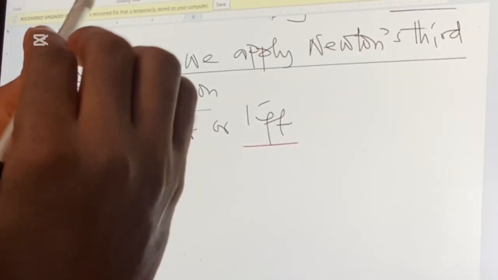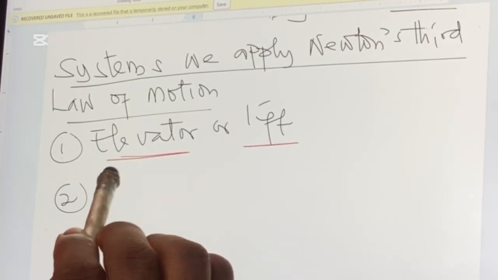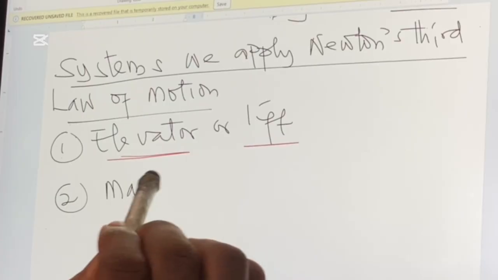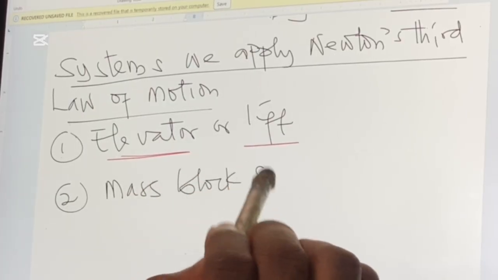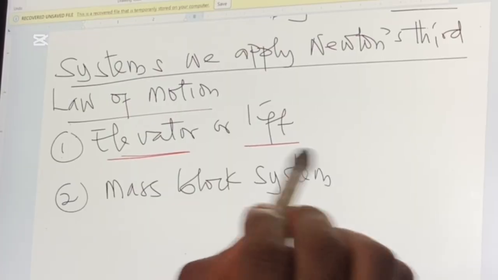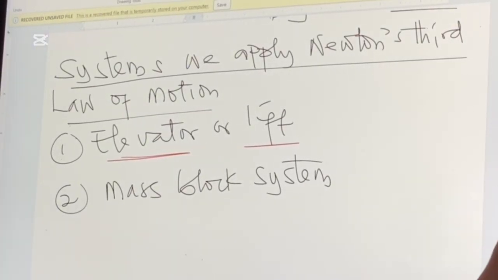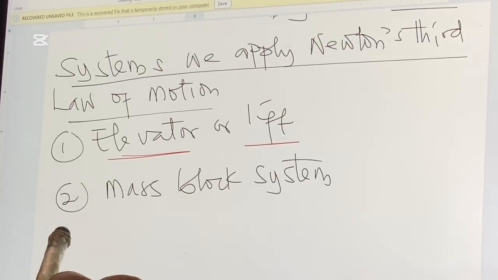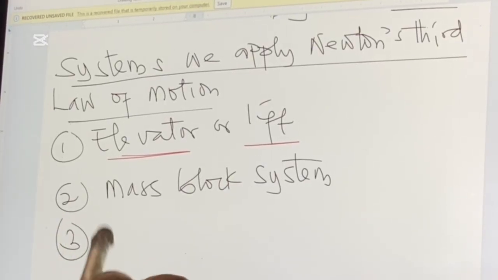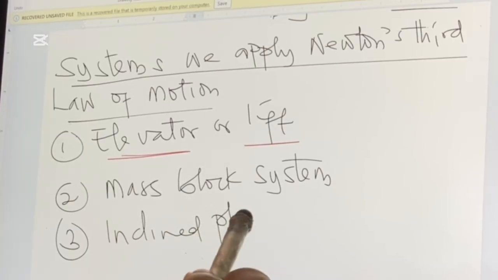The second one here, class, mass block system. Whenever I have a question on a mass block system, we always apply Newton's third law. The last one here, inclined plane.